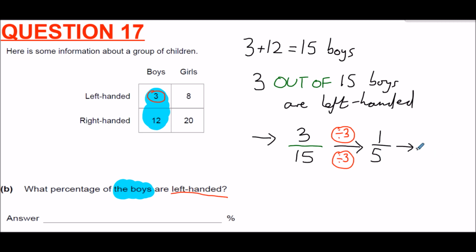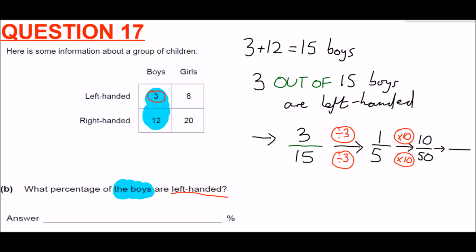You can do this in 1 step or 2 steps. Doesn't matter as long as you can get there your way comfortably. What I'd suggest you do is we can multiply both numbers by 10. 1 times 10 and 5 times 10 would give us 10 out of 50.